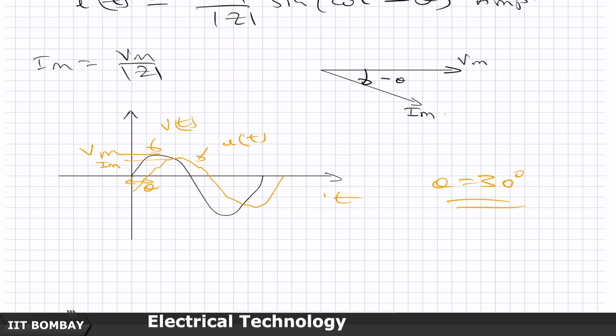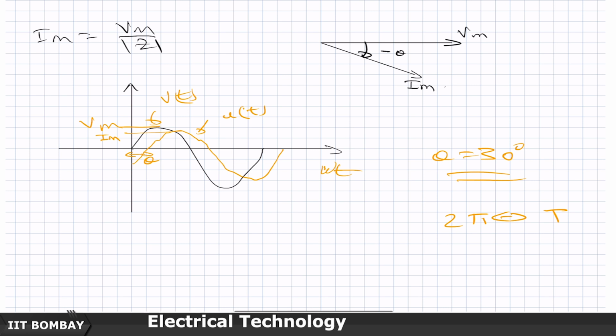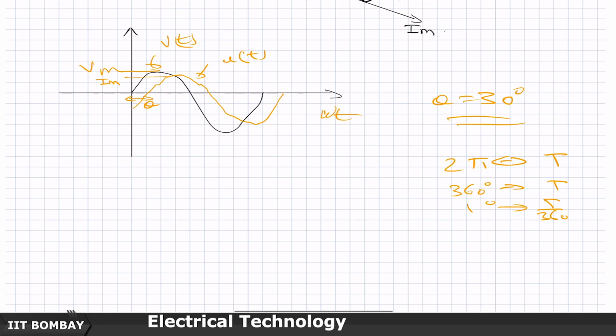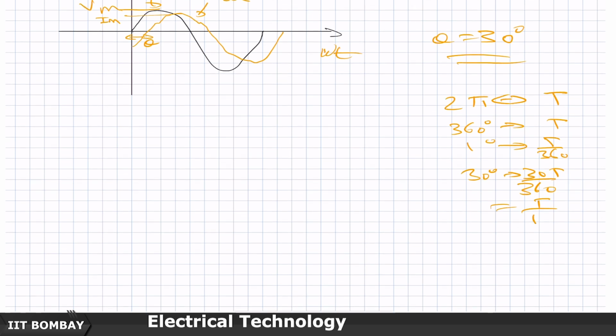I'll write this axis as omega t, because if I just write it as t, then I will have to say that 2 pi corresponds to the time period T, or 360 degrees corresponds to the time period T. So 1 degree will correspond to T by 360 in time, and so 30 degrees will correspond to 30 times T by 360, which is T by 12.